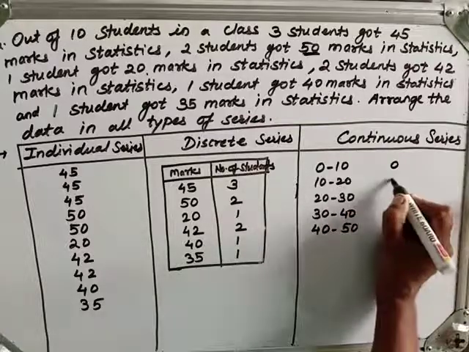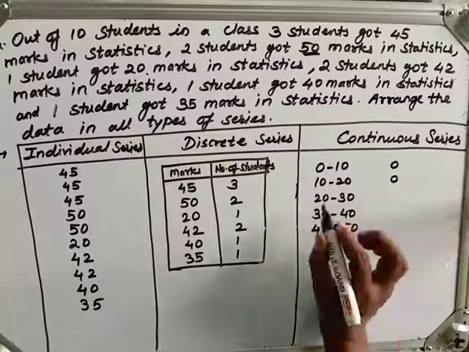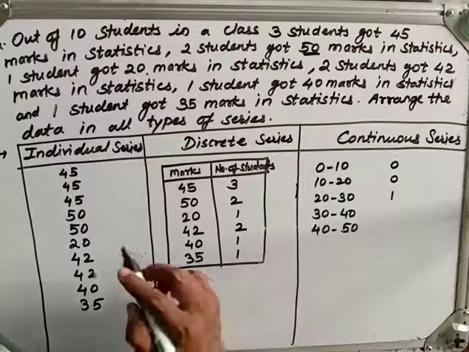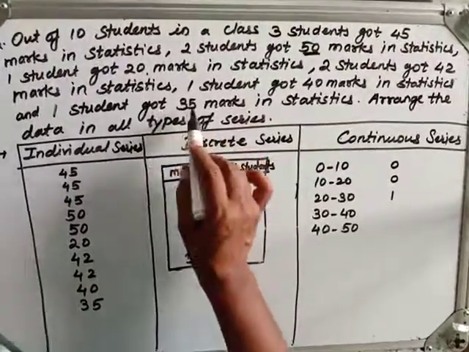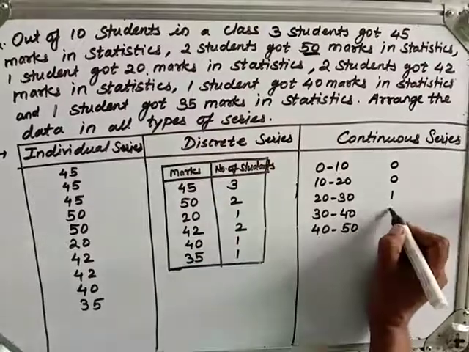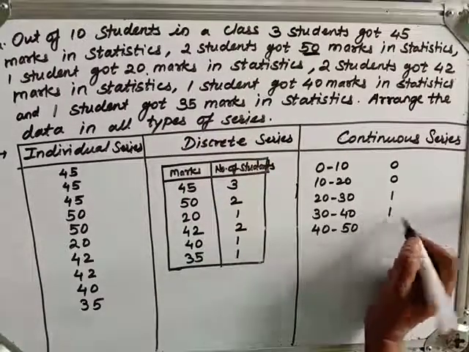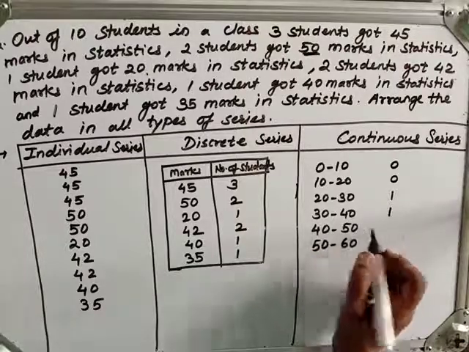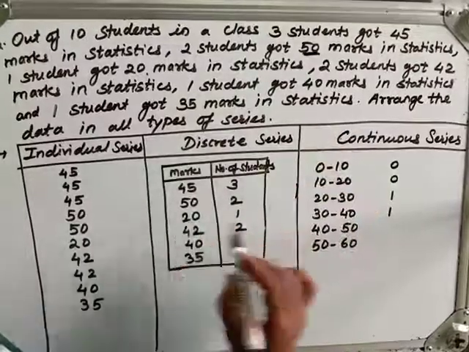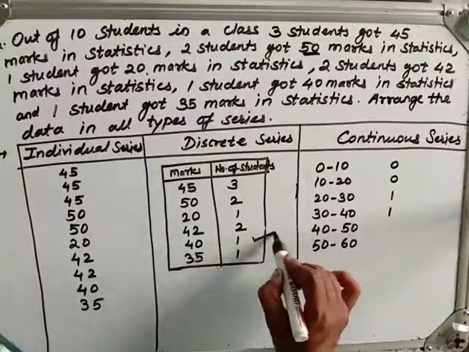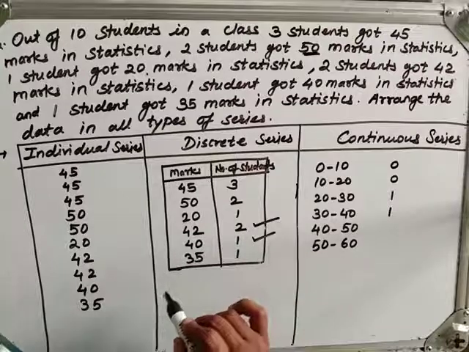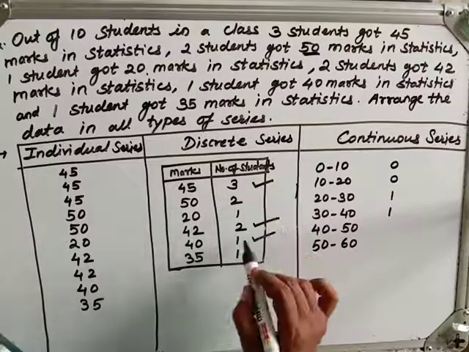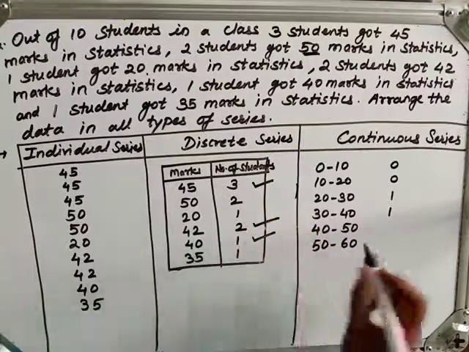So this 20 is the lower limit of the next class, so that 20 belongs to the next class. So between 10 to 20 the frequency is 0. Again 20 to 30, only one student has 20 marks, so its frequency is 1. Between 30 to 40, there is one student whose marks are 35, so again frequency is 1. There is one more class, 40 to 50. Now look here, between 40 to 50 this 40 belongs, this 42 belongs, and 45 also belongs. 3 plus 2 is 5, plus 1 is 6.